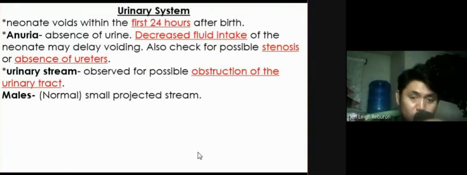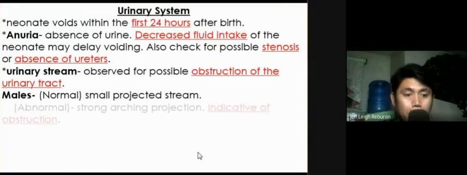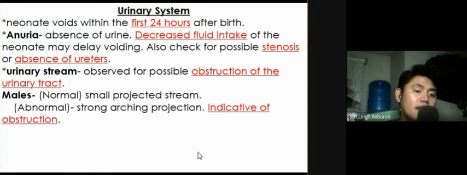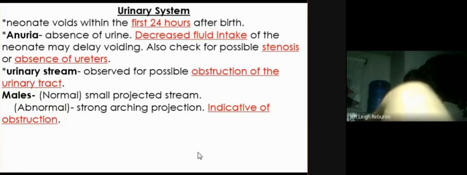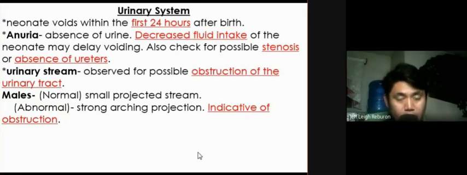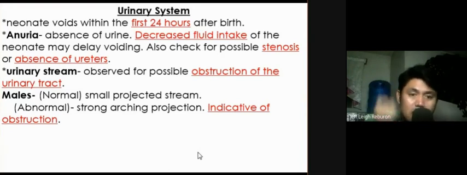Konti lang po yung projection. Okay? Ang abnormal po na urinary stream is what we call strong arching projection. Okay? That indicates obstruction. Baka merong cyst, or baka merong pagsikip sa inyong mga urinary meatus.